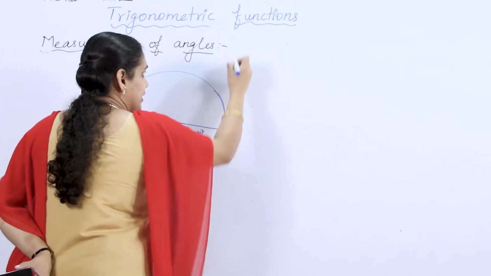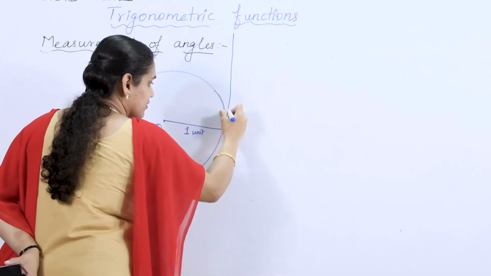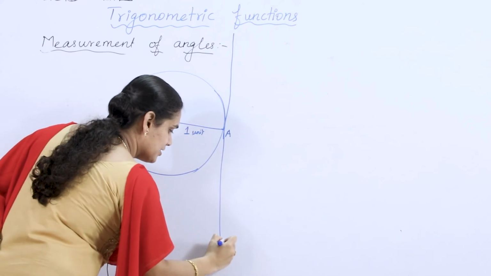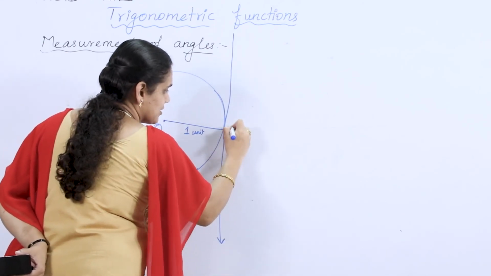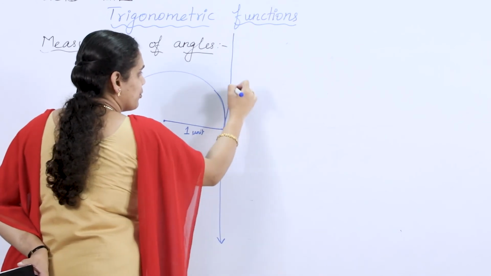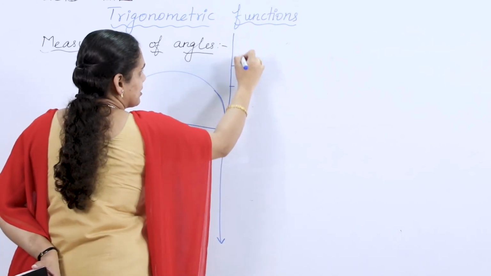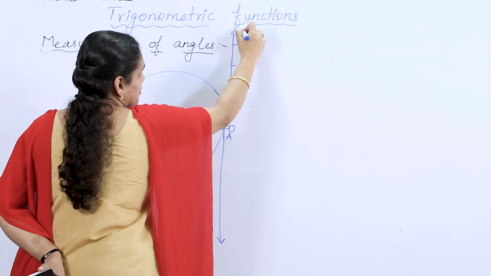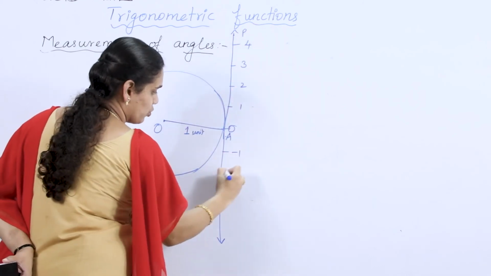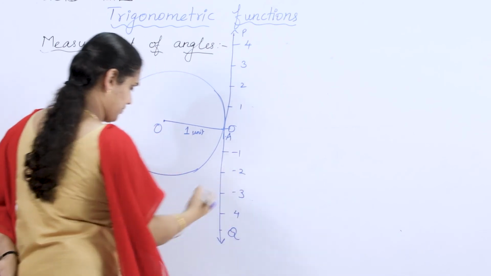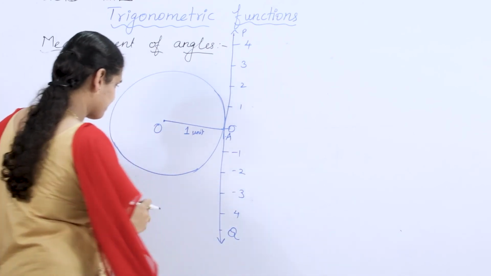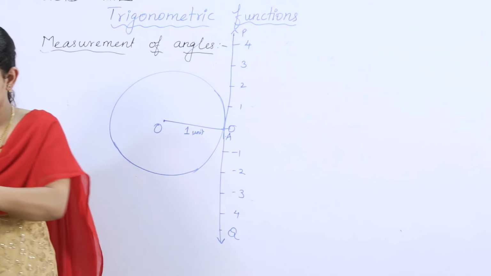Then we draw a tangent at this point A. Let us mark this as 0, and here we take the positive numbers, like the real number line. Let it be P. And this is -1, -2, -3, -4, and this is Q. Now what are we going to do?